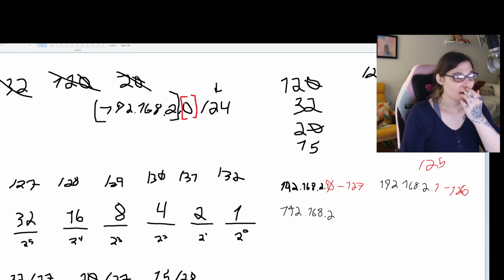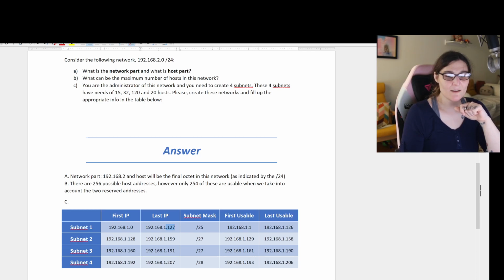The highest the last one got to was not this number here, because remember they're reserved. So the next one that we can have has to be 128, because looking at the chart, that was the last one in that prior subnet. Whilst we can't use it, it's still reserved for that subnet. So when you start the next subnet, it has to be increased by 1.